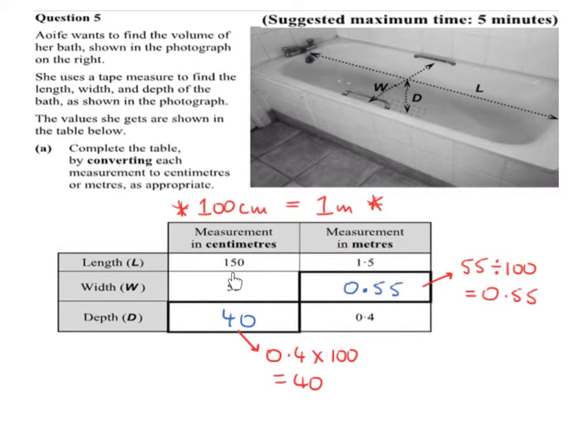So 55 centimetres divided by 100 gave us 0.55 metres, and 0.4 metres multiplied by 100 gave us 40 centimetres. To go from centimetres to metres, divide by 100. To go from metres to centimetres, multiply by 100.